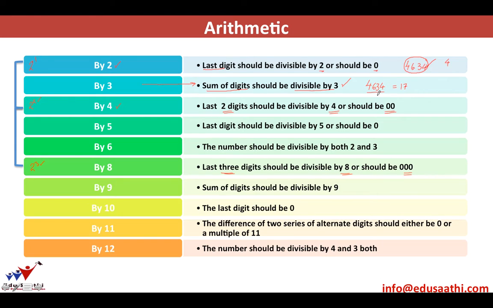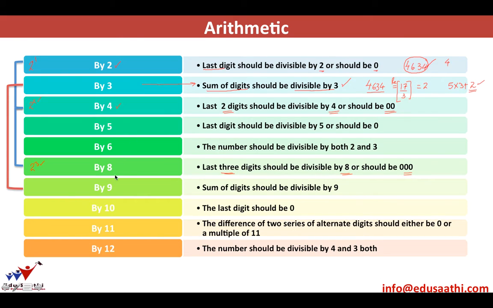Now in case I have to check the remainder, if I divide 17 by 3, I get a remainder of 2, because I can write it as 5 into 3, 15, plus 2. So I get a remainder of 2, which means I can also find out the remainder without actually dividing the number by 3.